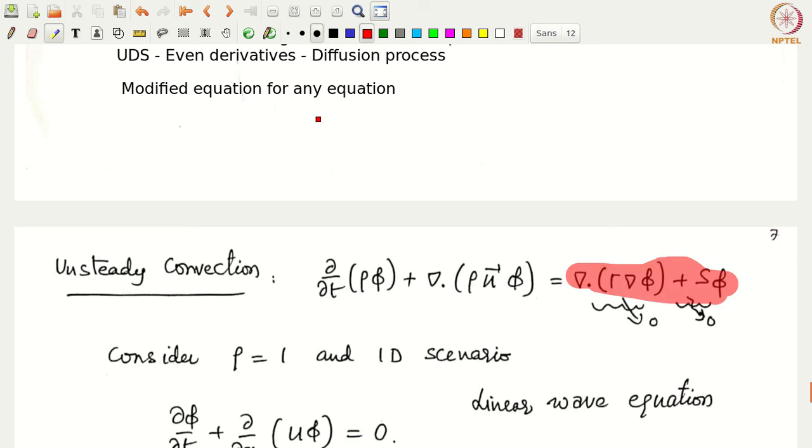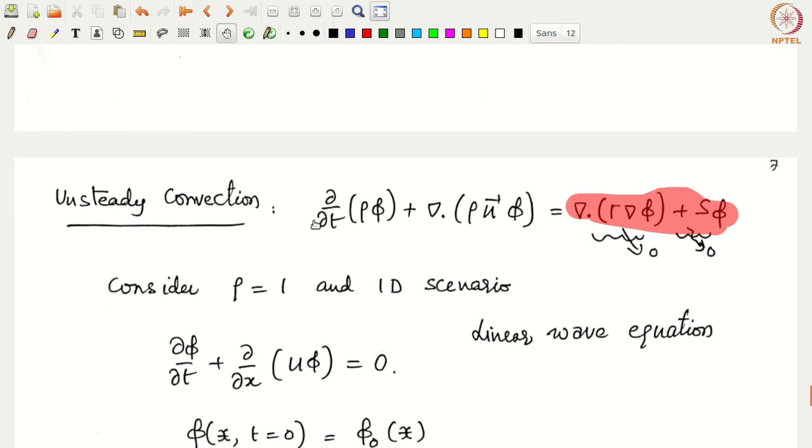Let us make a simplification: we will consider only a 1D situation, and we also want to set the density equal to 1 everywhere. Then this equation can be written as partial phi partial t plus, because it is 1D, partial x of rho u phi, and rho is 1, so this is u phi, equals 0.